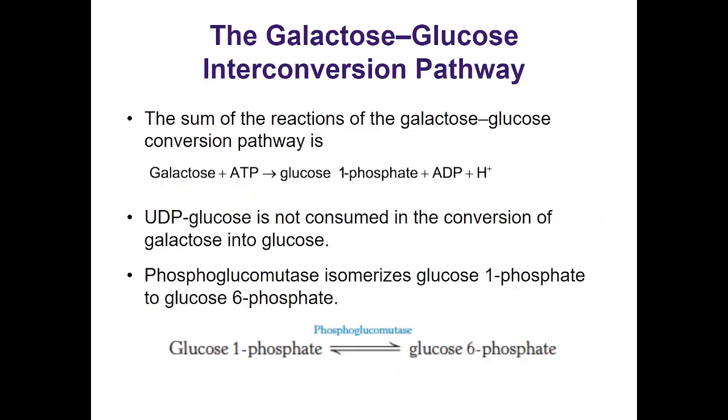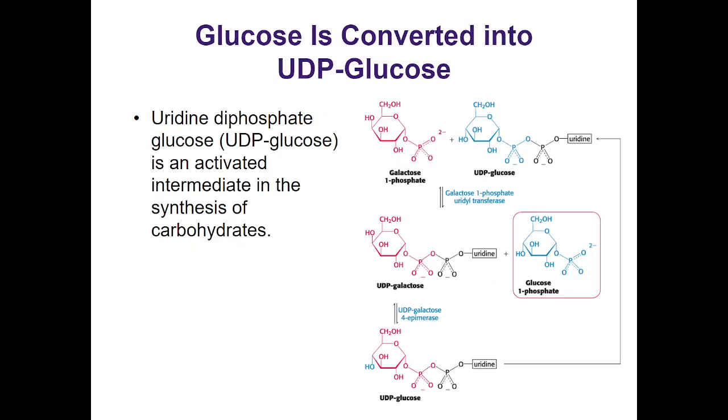All right, so the sum of the reactions for that galactose-glucose conversion pathway is galactose plus ATP goes to glucose 1-phosphate plus ADP plus H+. UDP glucose is not consumed in that conversion of galactose into glucose. More correctly said, technically the UDP glucose is consumed, but then regenerated by the galactose conversion.